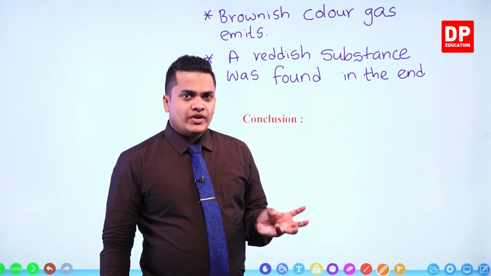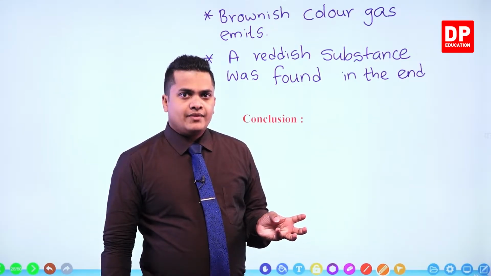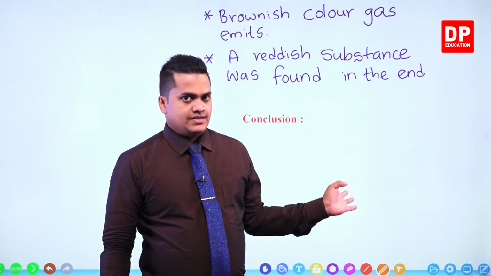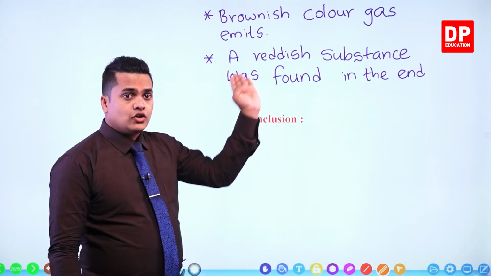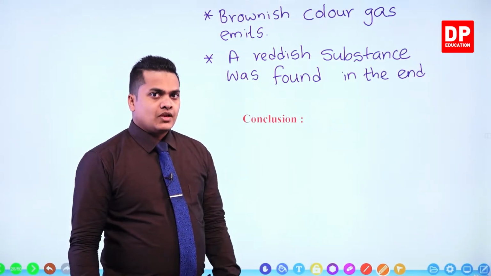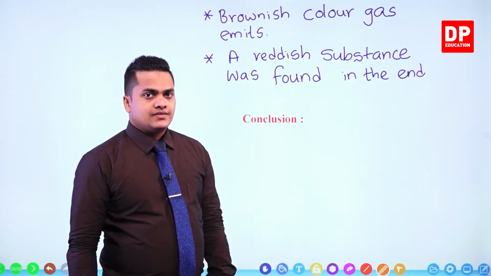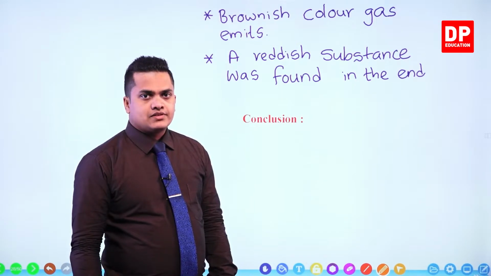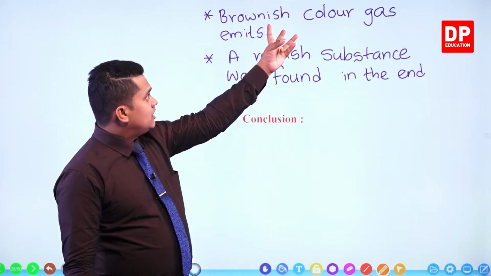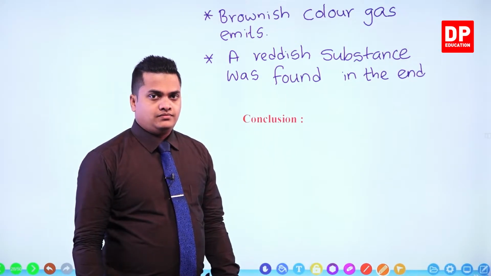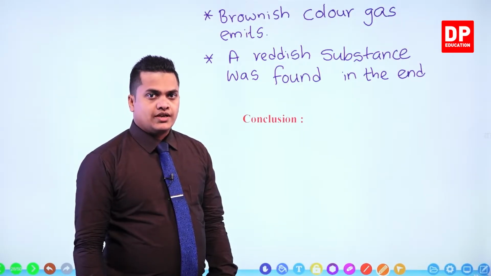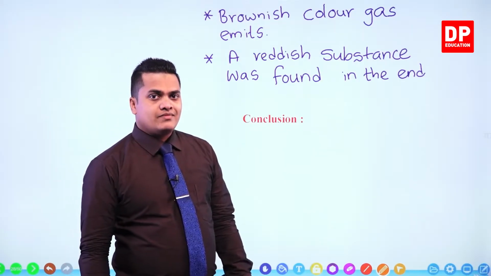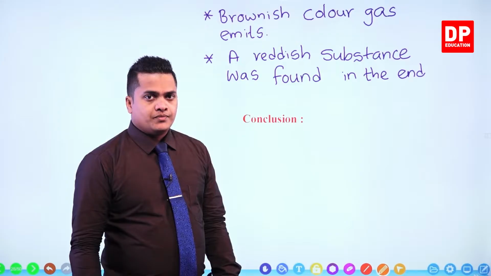So when I heat this system, you could see that there are two new substances getting created within the system. The first one was a brownish color gas. And the second one is a reddish color residue, or a substance that remained within the boiling tube.